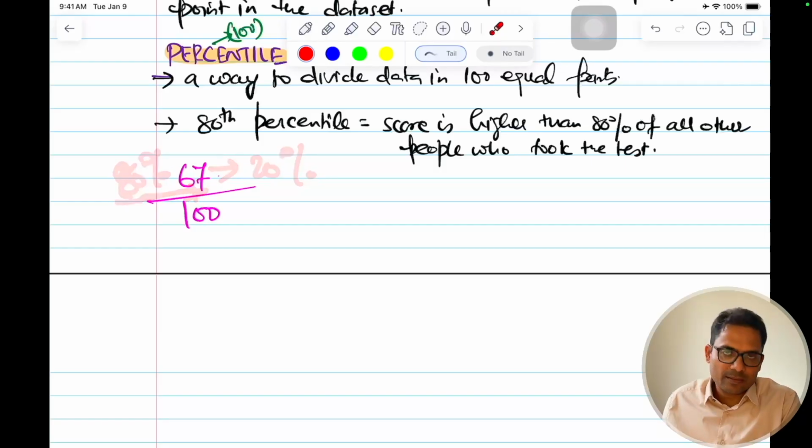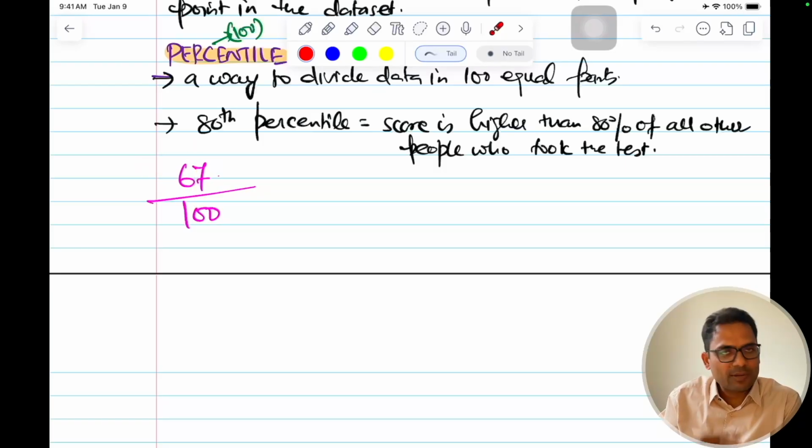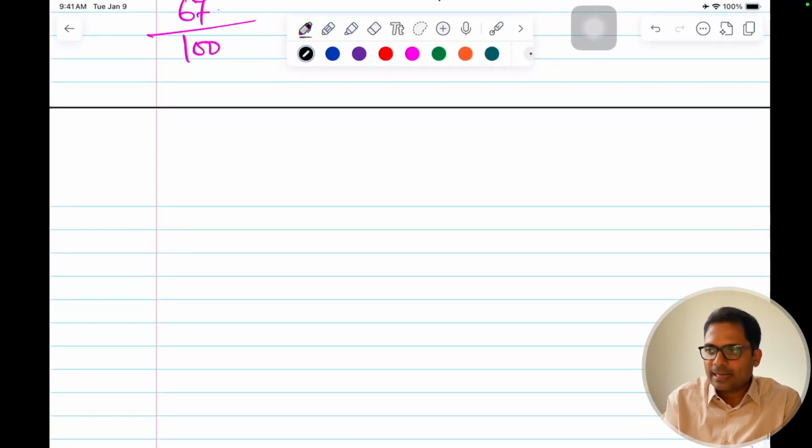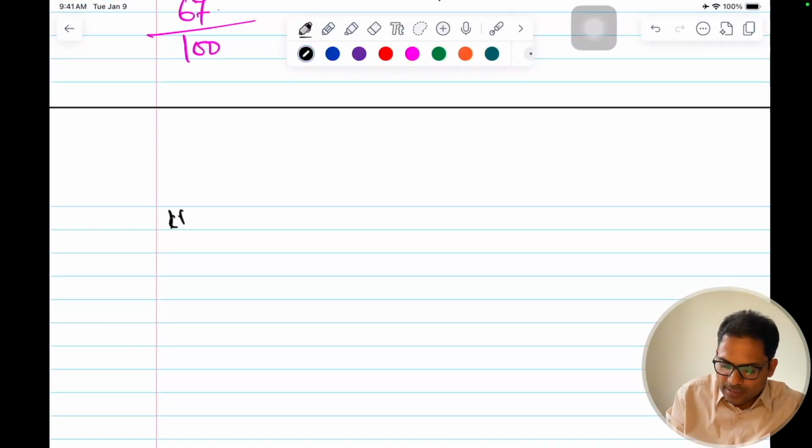It is the percent of people, not the count: 80% of the people scored less than you and 20% scored more than you, and you are on the 80th percentile. That's what it means.